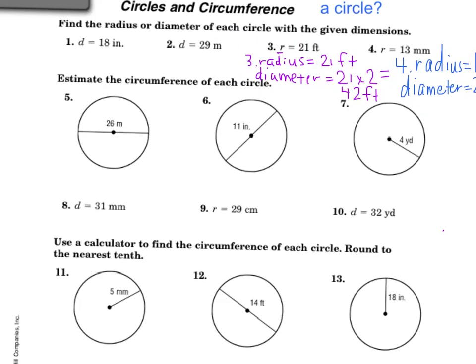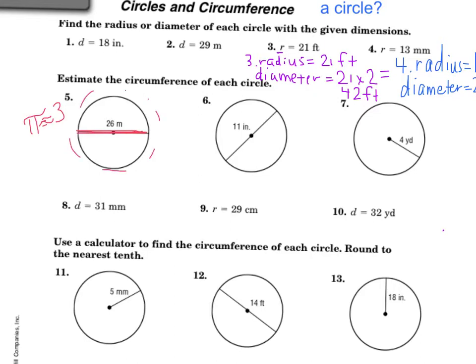When you find the circumference, remember we learned this on the Math Olympics. We found out that the circumference is 3 diameters. 3 is the number we were using for pi. Okay, we were using 3 for pi. So it's going to take 3 diameters to go all the way around.